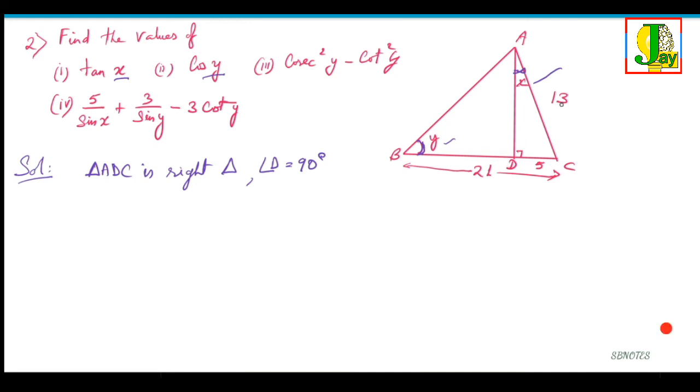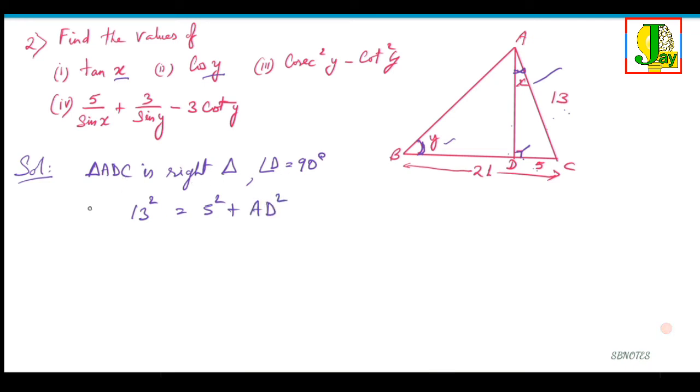So 13 square, 5 square, and this. 13 is the hypotenuse, the side opposite to the 90 degree. Since the largest angle is 90 degree, hence the opposite side is the largest side, and hypotenuse, it's the largest side. So 13 square equals 5 square plus AD square. We can find AD then.